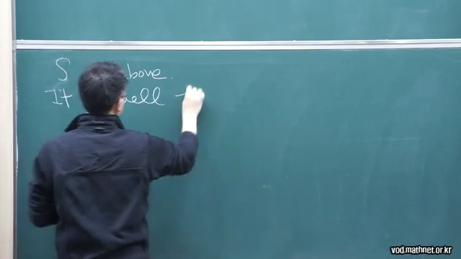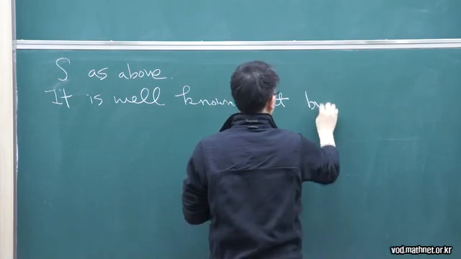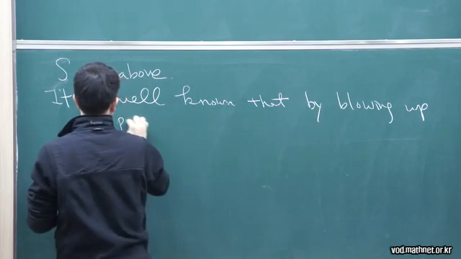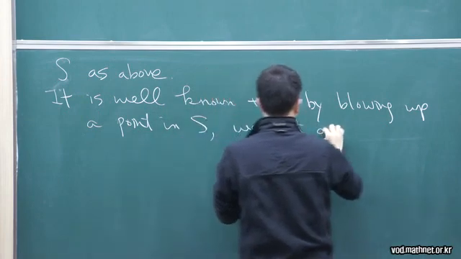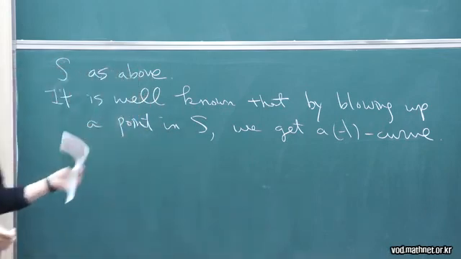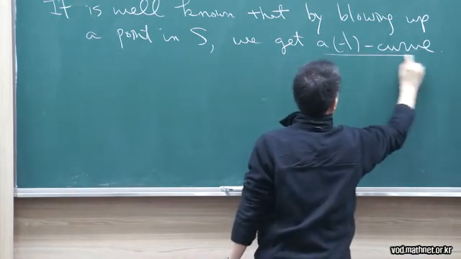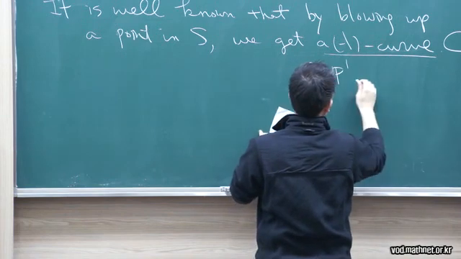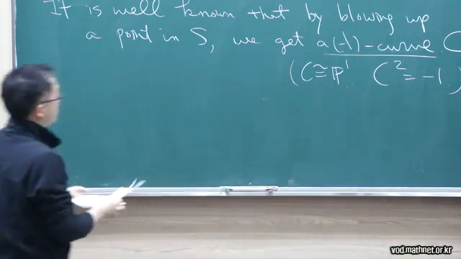It is well known that by blowing up a point in S, we get a -1 curve. I think this is too well known by now. By -1 curve, we mean C is isomorphic to P1 and the self-intersection number is -1.